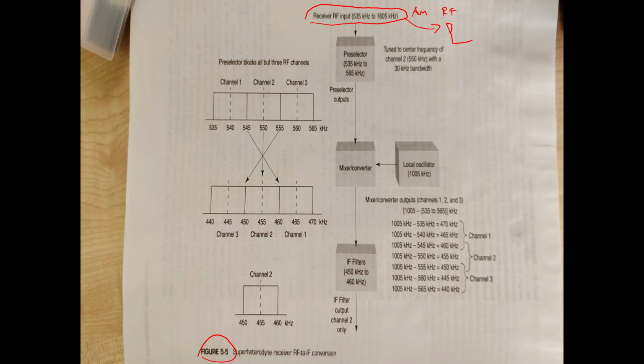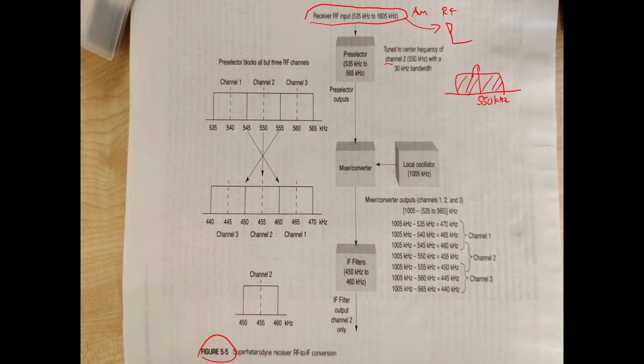In this example we want to tune to channel 2, which is at frequency 550. I want to listen to radio 550 kilohertz, my pre-selector is tuned at 550 kilohertz, and it has a bandwidth of 30 kilohertz in this example.